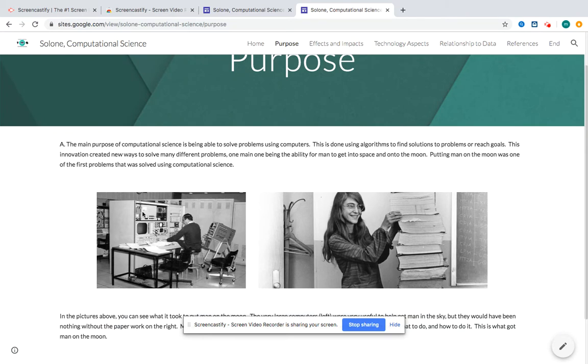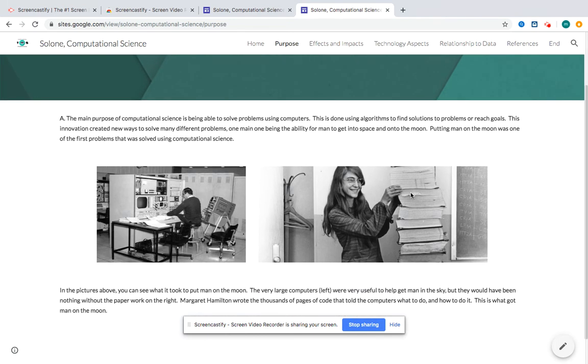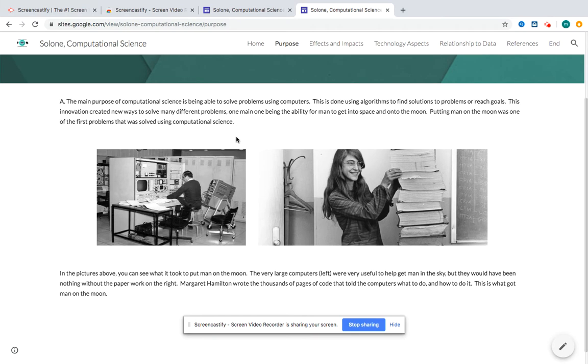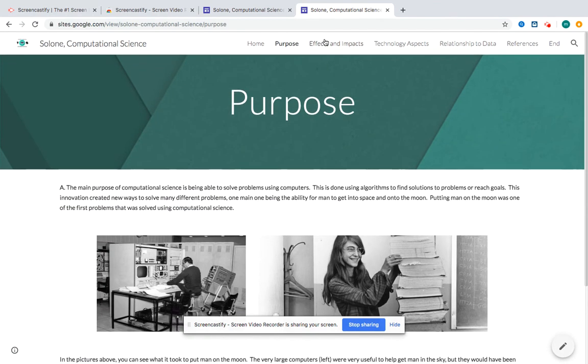That took a huge computer, but that computer didn't mean anything if it wasn't for, what is her name, Margaret Hamilton, who wrote all of these papers of code. These computers wouldn't have been able to do anything if it wasn't for her coding. That's very important, and that's what I talked about for the purpose here.